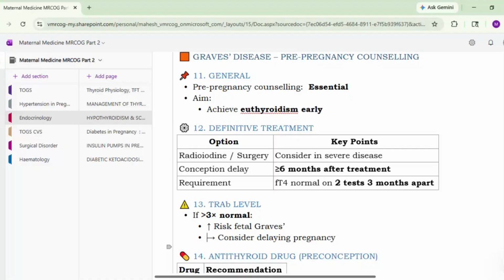If she undergoes radiotherapy especially, then conception is to be delayed for at least 6 months after the treatment, and then she can go for conception. That much time is required for the FT4 to become normal, and she should have at least two tests 3 months apart.